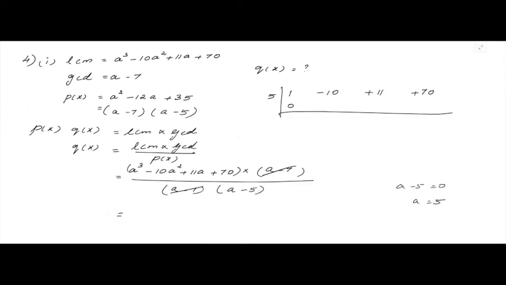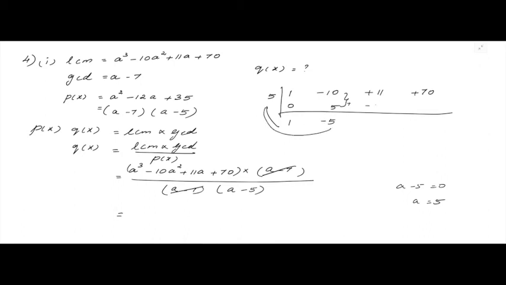And now, you bring down 1, multiply, and you will get 5 here. You have to add these two; there is a different sign, so you find the difference and put the greater sign. Now multiply these two, you will get minus 25.